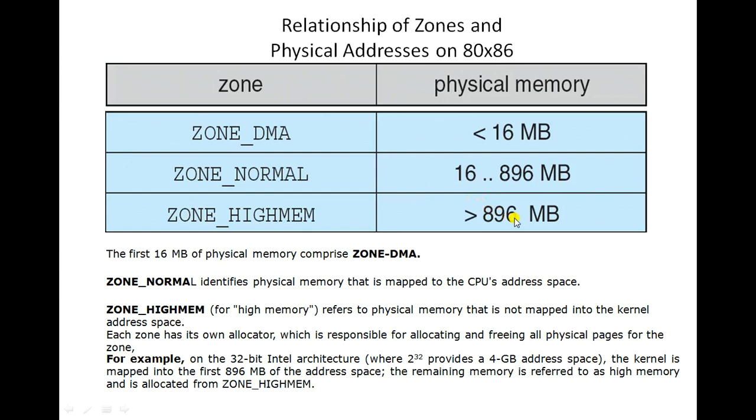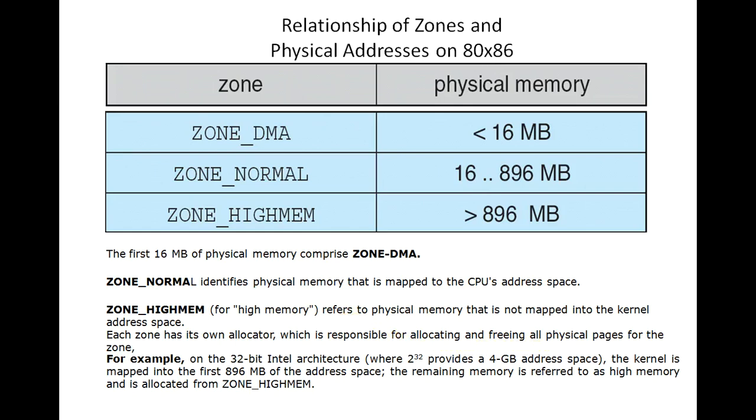And the memory above 896 MB falls under the high memory zone. So it is called the high memory zone. It refers to physical memory that is not mapped into kernel address space. Each of these memory zones has its own allocator, which is responsible for allocating and freeing all physical pages for that particular zone.